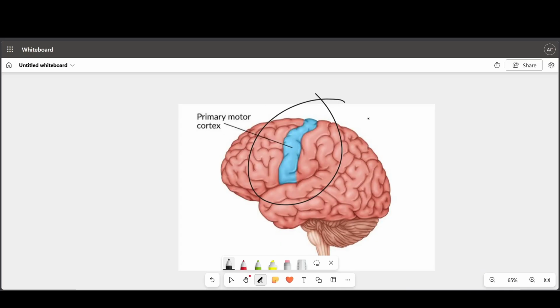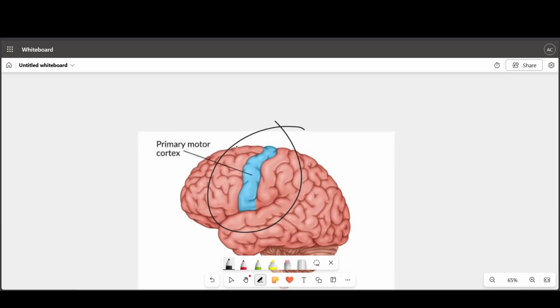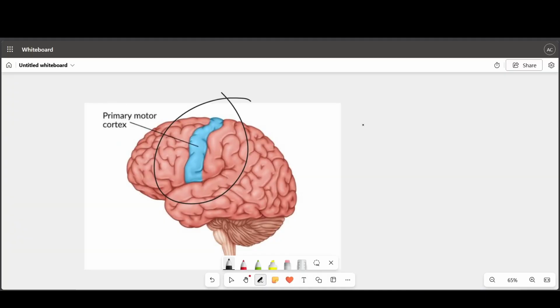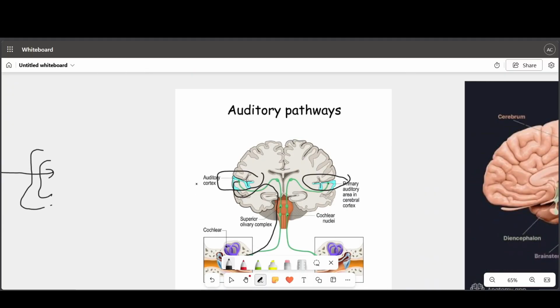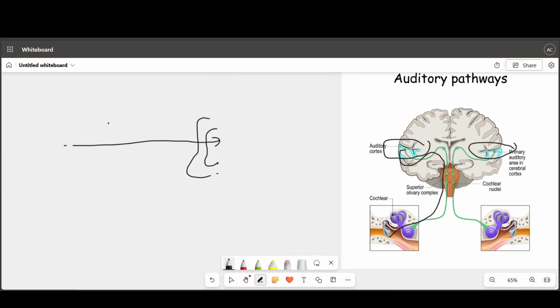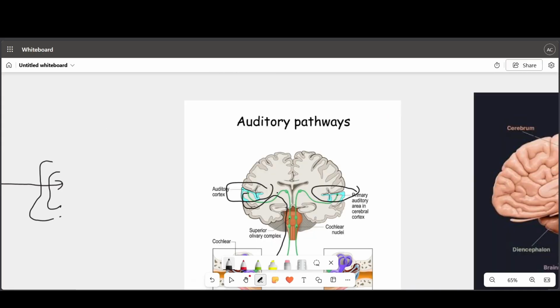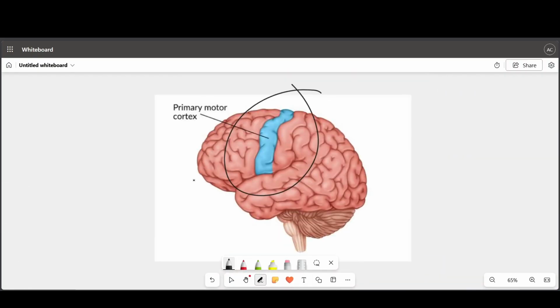What the primary motor cortex does is it plans and is responsible for all of your movement, and that's why it's called the motor cortex. It controls your motor movements. When you listen to music, these little waves come straight to your ear and travel all the way to the auditory cortex.